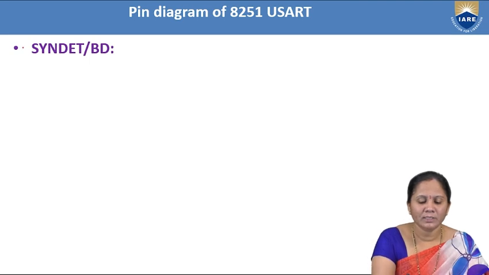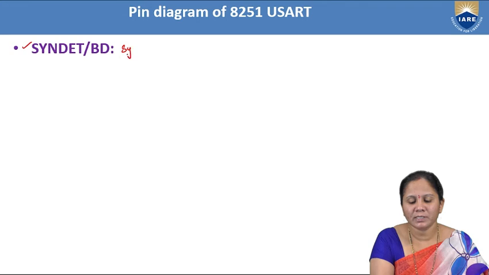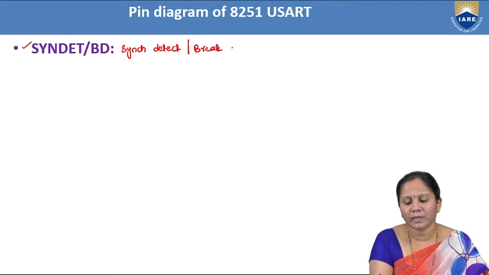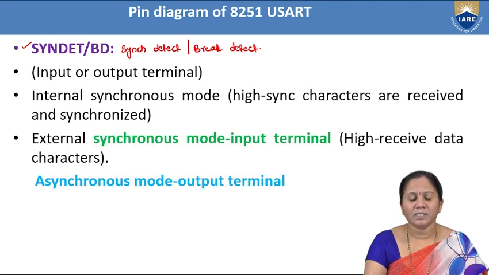And the next one is SYN-DET. So here SYN-DET represents sync detect and break detect. This sync detect and break detect can act as both an input terminal and an output terminal.